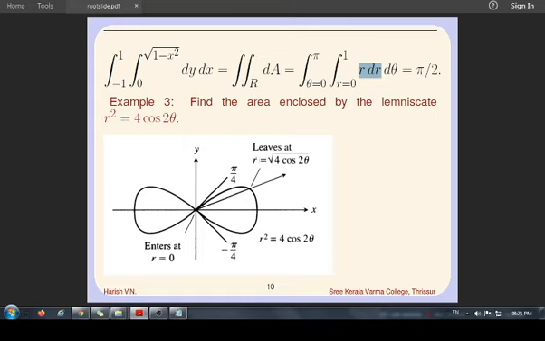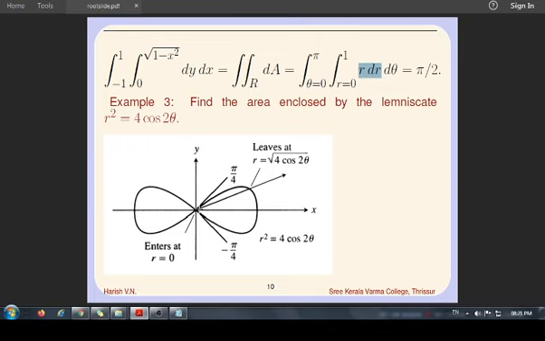What are the r limits of integration? You draw a ray starting from the origin, not always from the origin, but yes, from the origin you draw a ray.